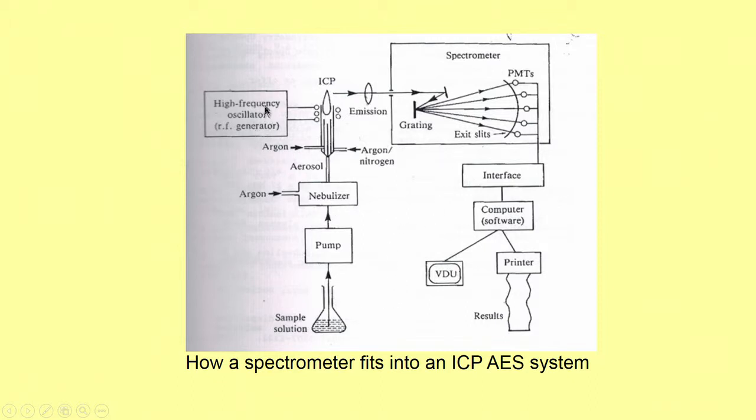Here I have an oscillator. This is the optical arrangement for almost all inductively coupled plasma spectrometers. High frequency oscillator here, RF generator, a plasma here, and then the sample is pumped into a nebulizer and argon is passed through. I make an aerosol.